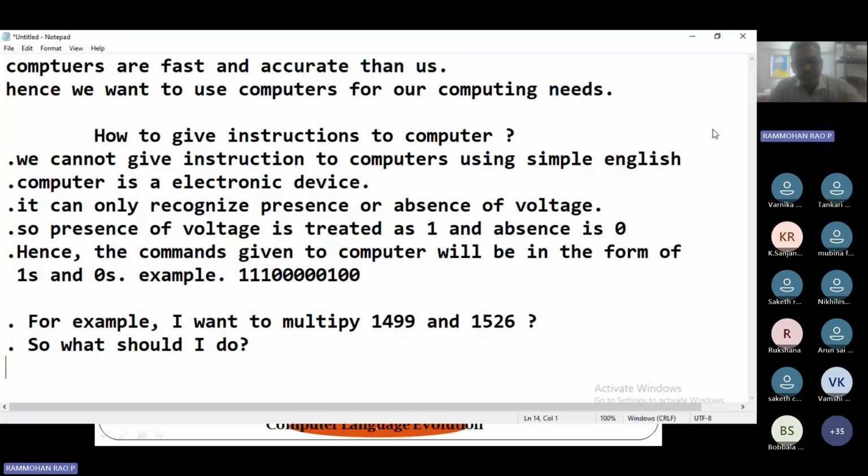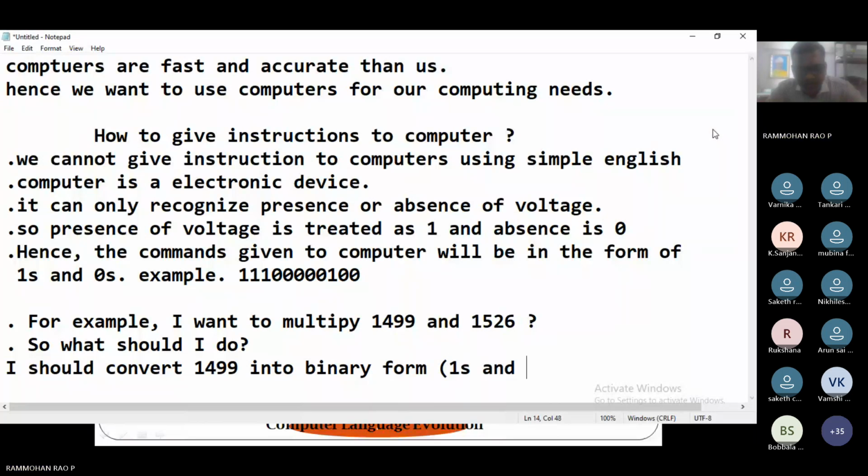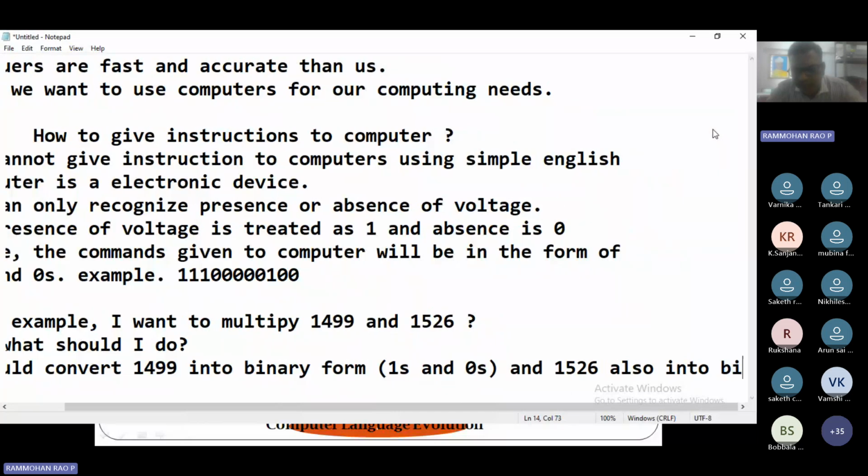So how will that instruction look? I should convert 1499 into binary form. Binary means 2, binary means only ones and zeros. So I should convert 1499 into ones and zeros, and 1526 also into binary form.